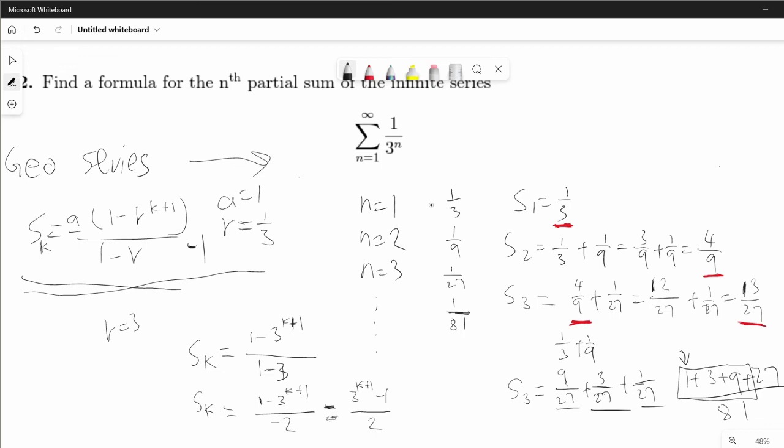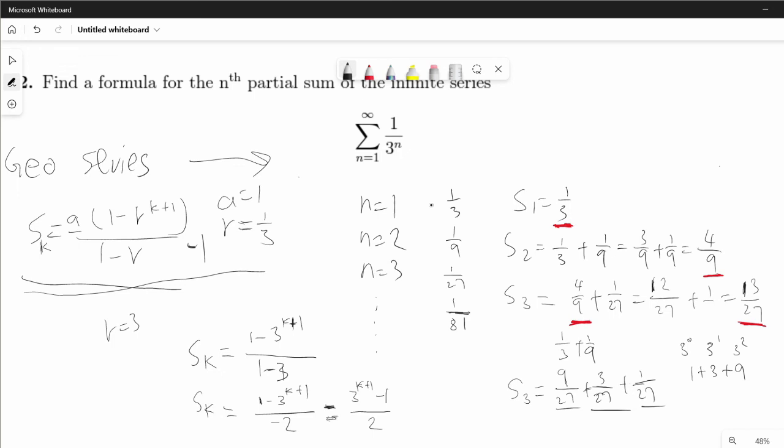Now, we kind of have to realize, let's say, I have S3, right? It's going from 1 plus 3 plus 9, right? This is 3^0, 3^1, and 3^2.